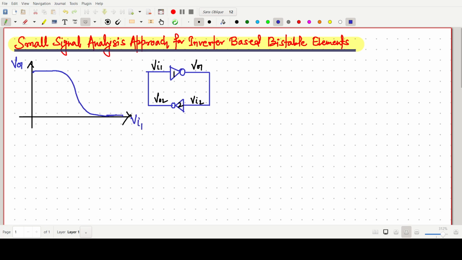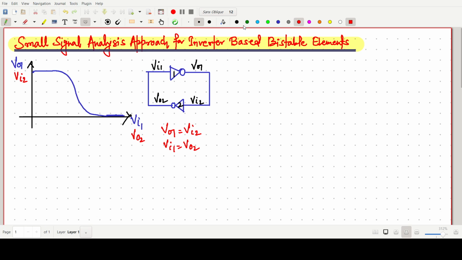Inverter characteristics is simply the inverter characteristics. Similarly for this, we can say V01 equals Vi2, and Vi1 equals V02. So V01 is the same as Vi2. I am writing on the y-axis, and this should be our V02.